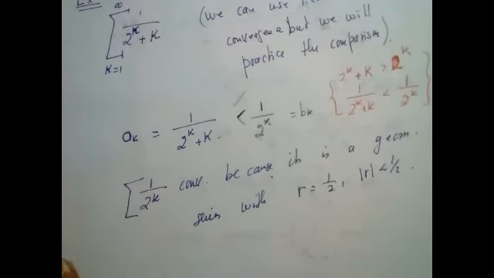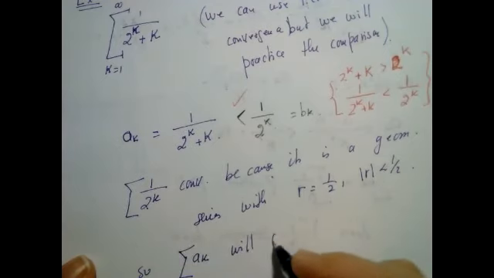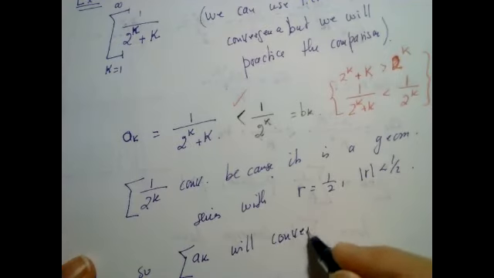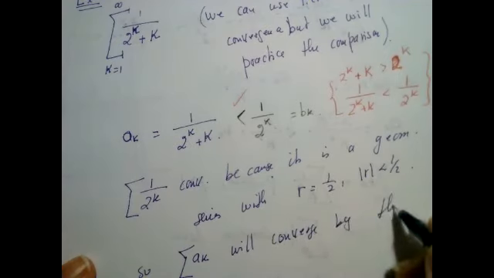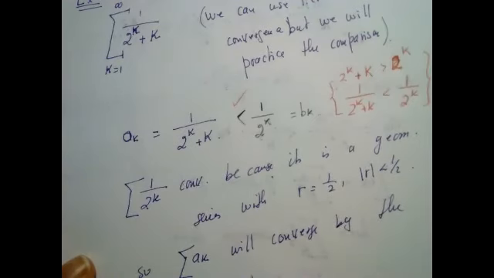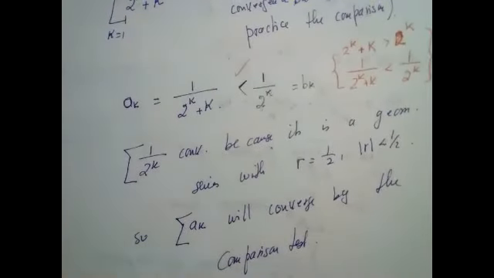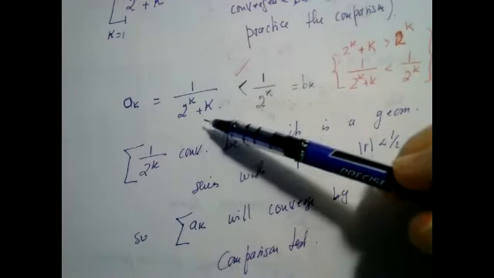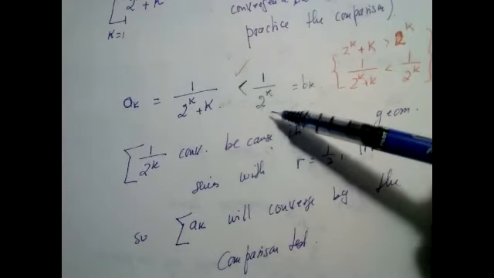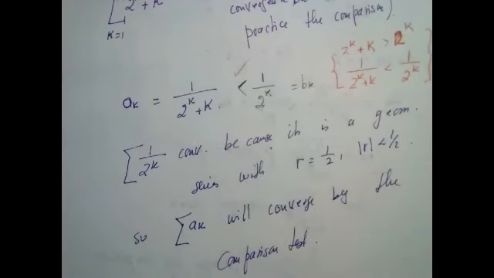So the smaller series, sigma a_k, will converge by the comparison test. Sometimes we can do series in several ways and show that they converge. In this one, I can use the limit comparison, and I can definitely use the comparison test itself because I can make this quantity less.